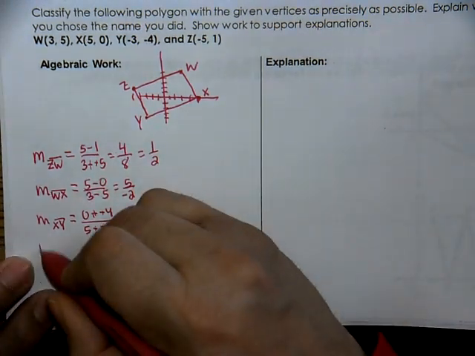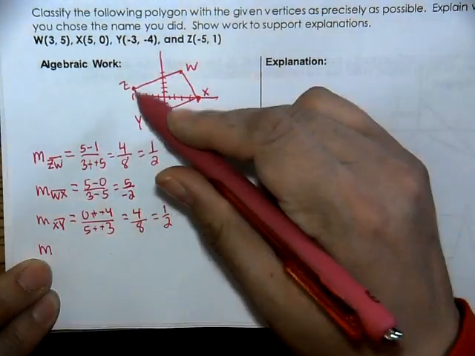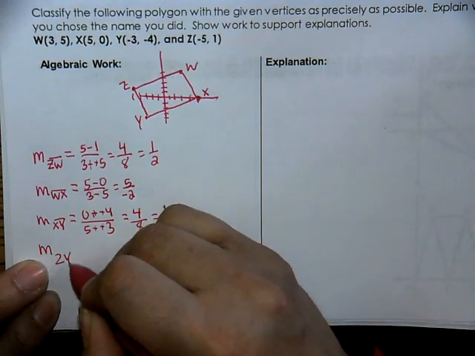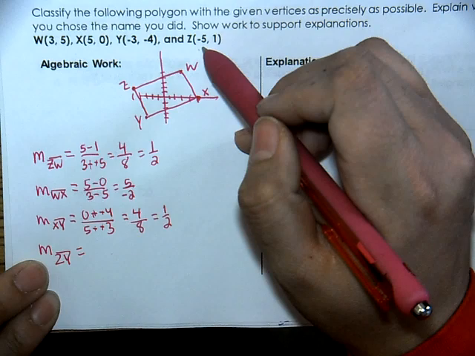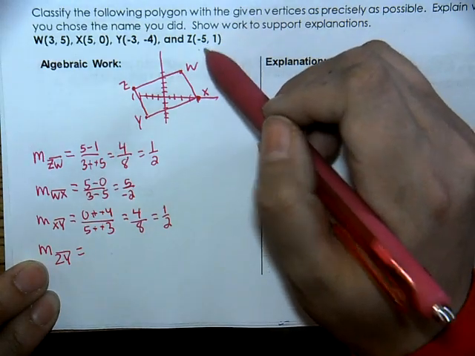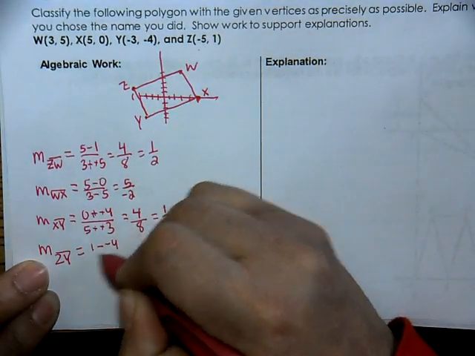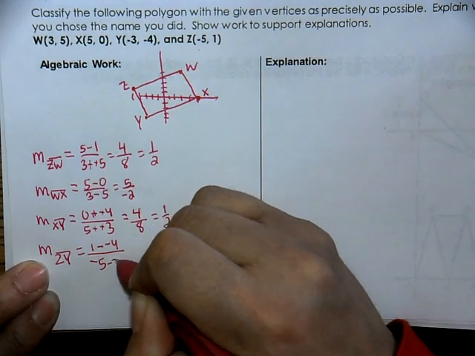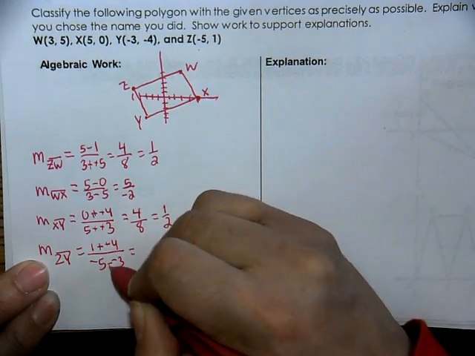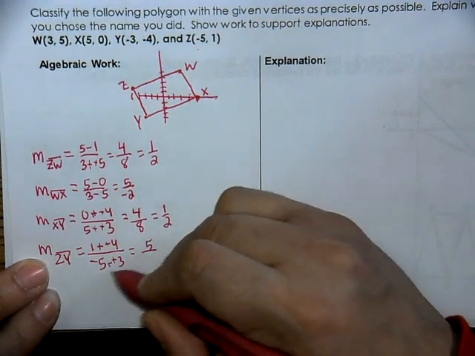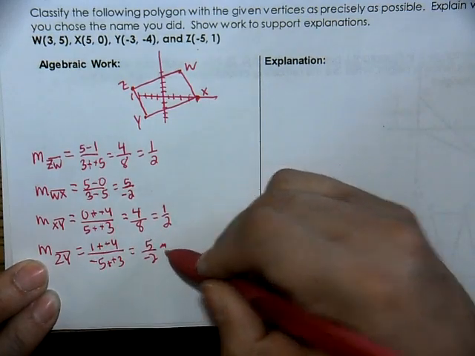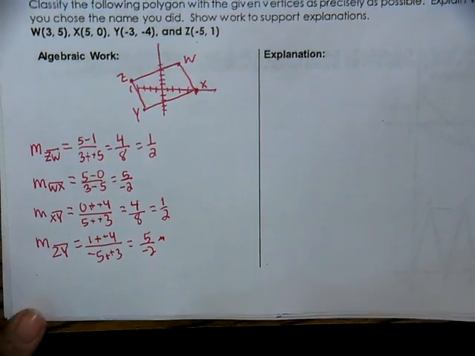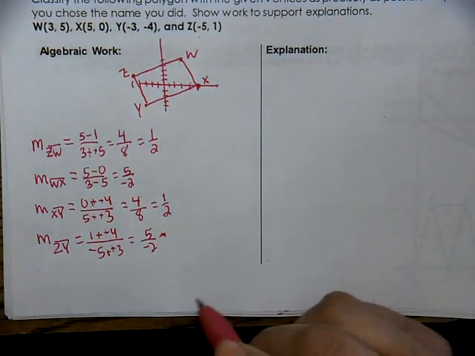And finally, the last one, ZY is what we're looking for. Let's do 1 minus a -4 and then -5 minus a -3. So again, positives, 5 over -2 is what we get here, the same thing as I had there. So we do see that we have two pairs of opposite sides parallel.